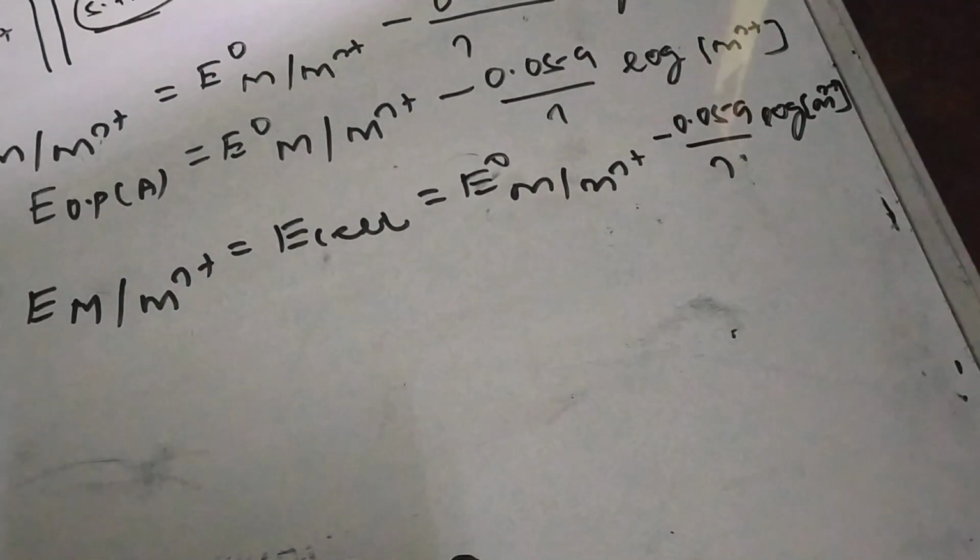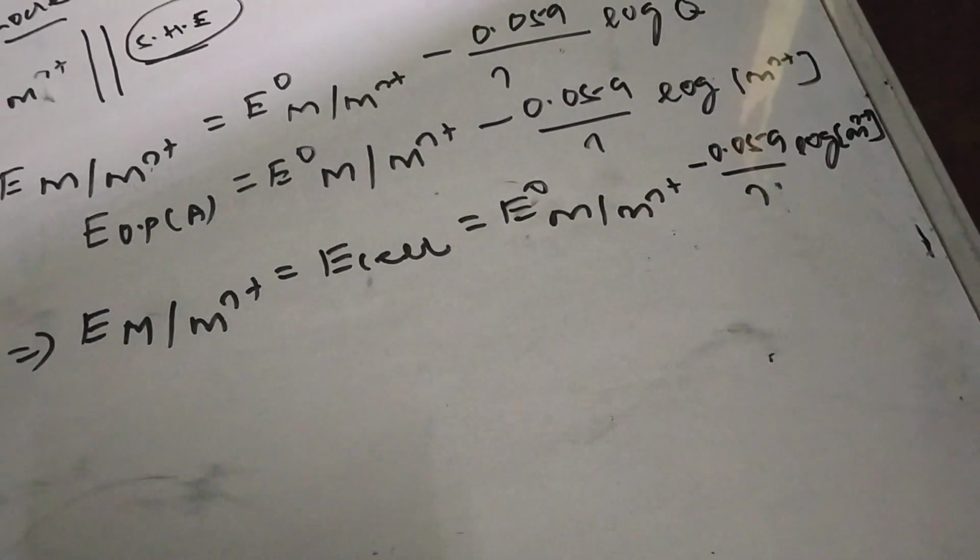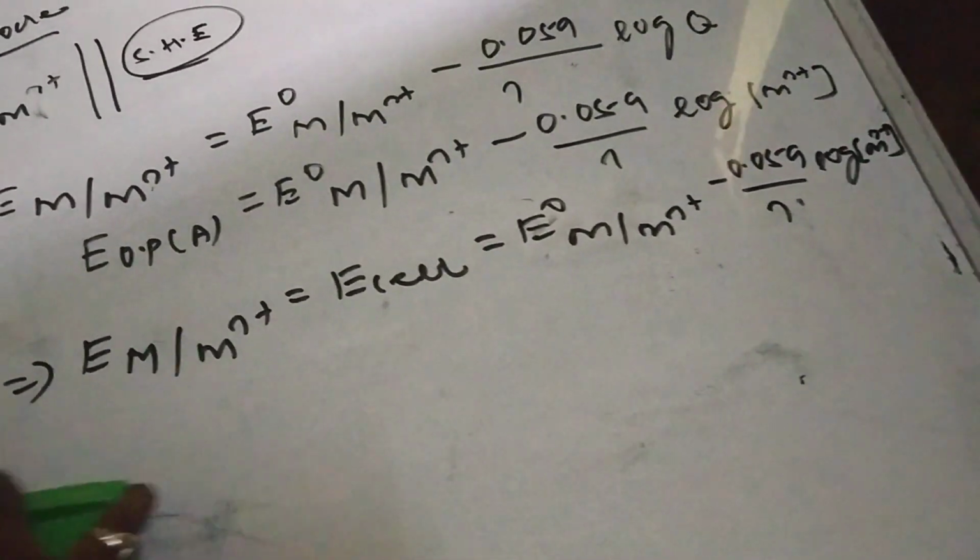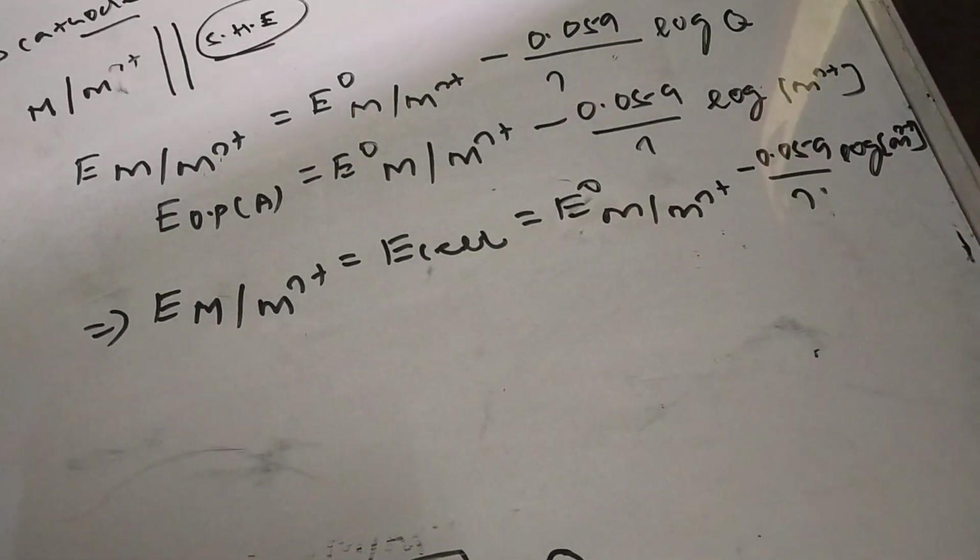So let's say I want to plot a graph by using this, and here I want to put this equation as y is equal to mx plus c.